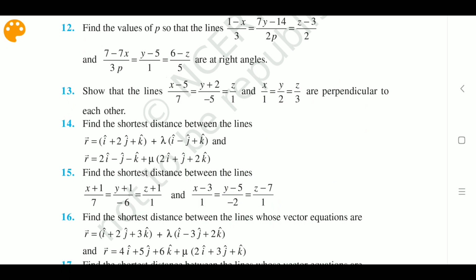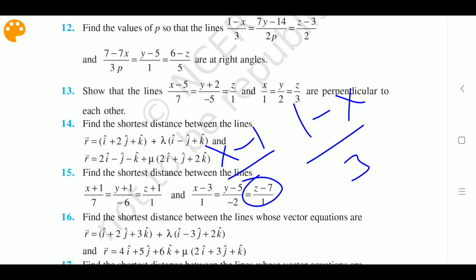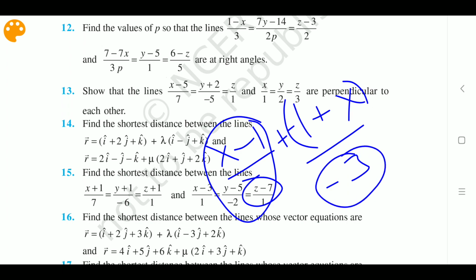So for direction ratio we always know that this is x minus something divided by that. So this is 1 minus x divided by 3. We'll make it in the correct form, like taking minus x as common. So it will give plus x and minus 1, and this minus I take to the denominator side. So this minus 3 is the direction ratio here, not this 3.